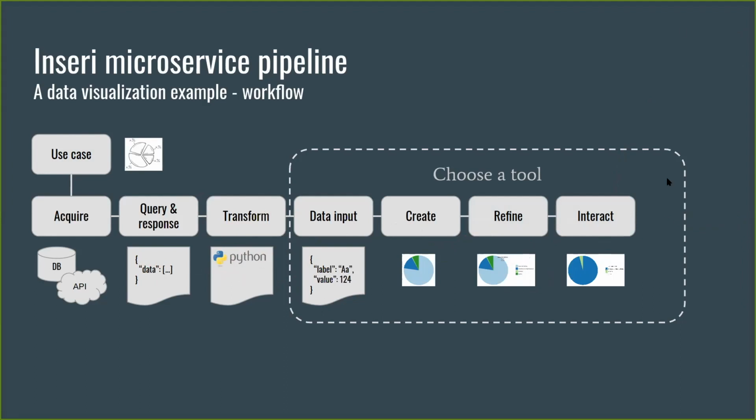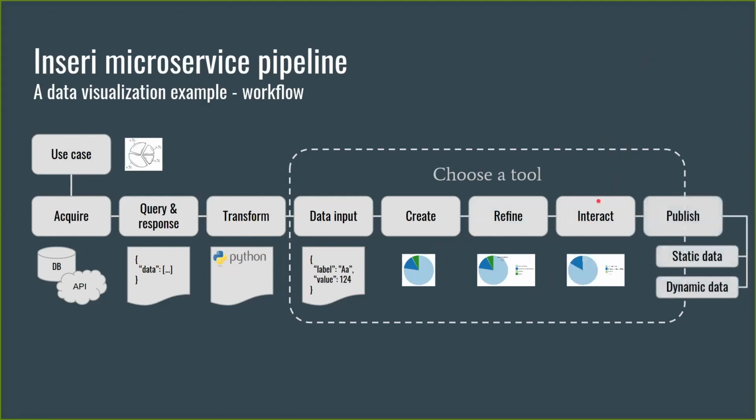And then the maybe harder part is that you want to publish your chart, your visualization. You can do that with static data, meaning you do all of this once. You do the transformation once and keep your static input data, or you create a chart and then just publish an image of it, or HTML or PDF, whatever.